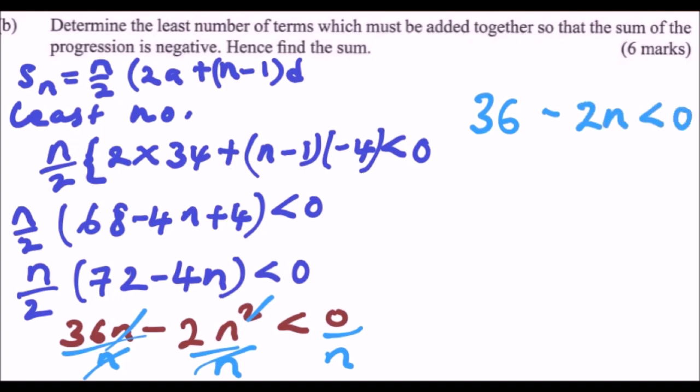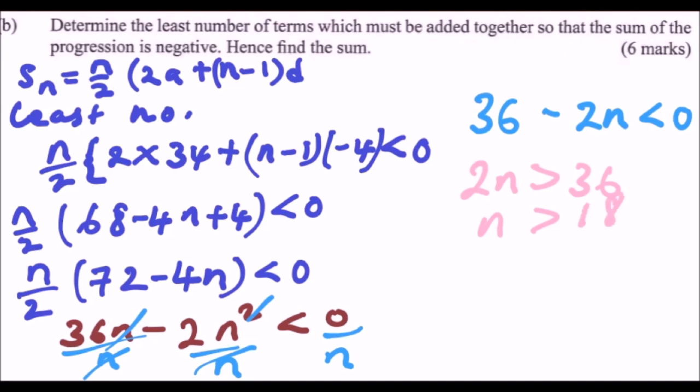Let's take 2n to the other side. It changes to positive. So we have 2n is less than, no, it's greater than 36. 2n is greater than 36, so n is greater than, divide by 2, that is 18.